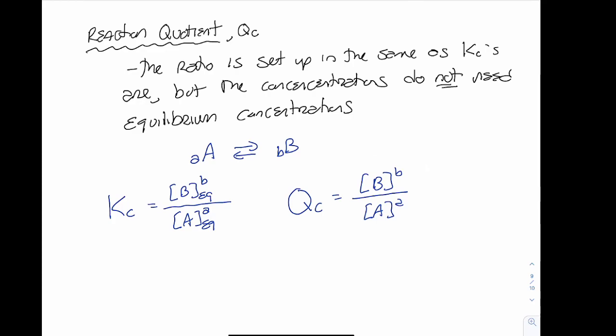By then comparing the reaction quotient to the equilibrium constant, we can determine the direction that our reaction is going to proceed. Things want to reach equilibrium. So if it's not at equilibrium, it's going to shift in whatever direction it needs to achieve equilibrium. Equilibrium's our goal here.